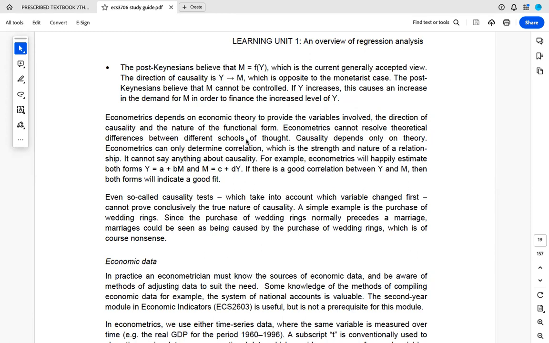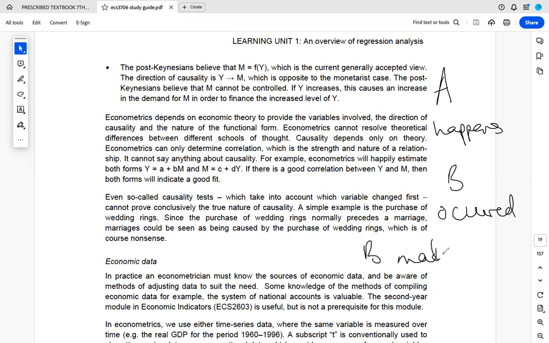What we are being told here is that just because A happens because B occurred, we can't say that B made A happen. Basically, that's what this paragraph is saying. I'll repeat that.